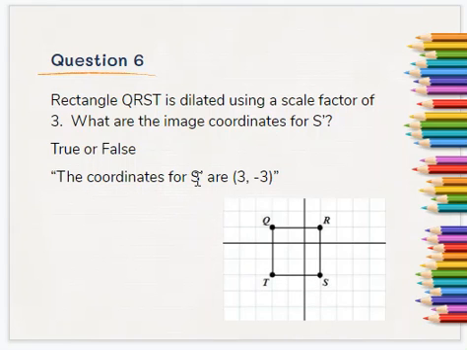The new coordinates for S prime will be 3 and -3. So the question is, given the original coordinates of S, when we dilate this rectangle by a scale factor of 3, will the coordinates of S prime be 3, -3?